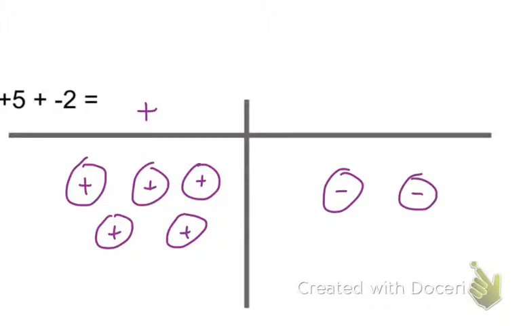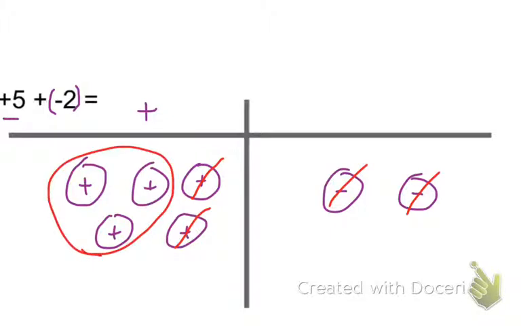Okay, well first it's going to be a positive 5 plus a negative 2, and usually you want to put that negative 2 inside of parentheses, because we're not saying subtract, we're saying negative 2 is our value. And if we take a look at this, we have 1 positive and 1 negative getting canceled out, and a second positive and negative getting canceled out. And what am I left with? I am left with 3 positives.